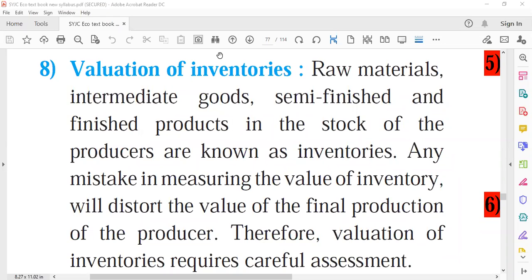So these were the difficulties we are facing while calculating the national income.